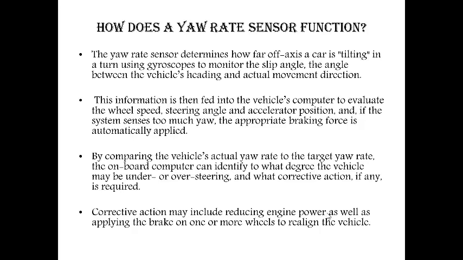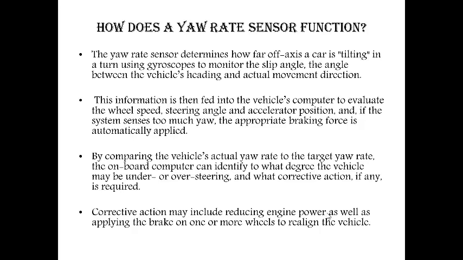Next, how does the yaw rate sensor function? The yaw rate sensor determines how far off axis a car is tilting in a turn. When I was speaking about cornering, what does it actually mean? Cornering means a car is moving straight, and when the road takes a turn, the car actually moves to that side. This is known as cornering.